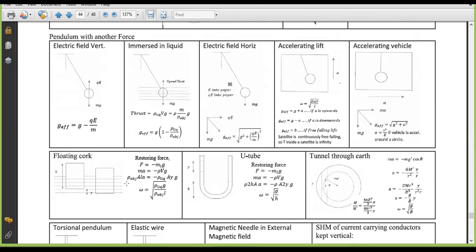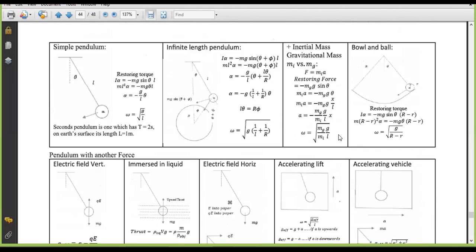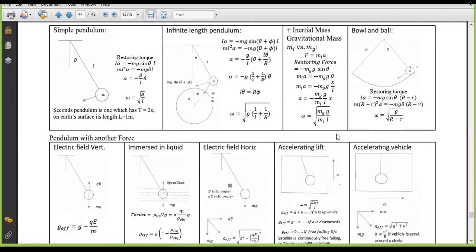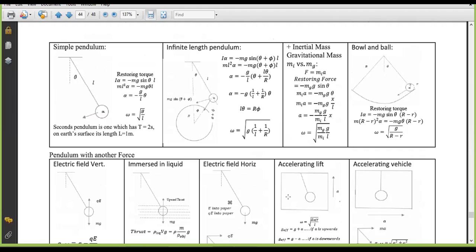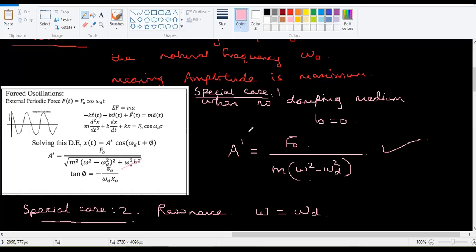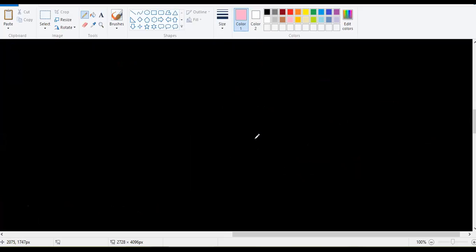All the other things, if you are studying for entrance exams, you can come back and refer to this. So the first one is very easy, the simple pendulum.